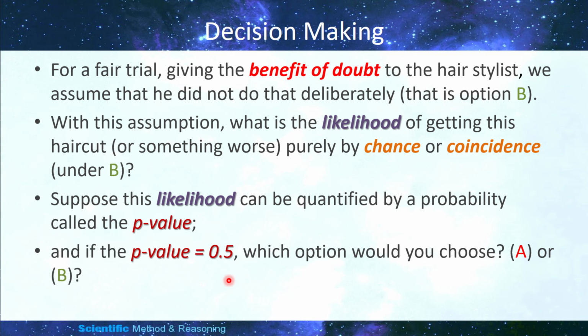And if the p-value is 0.5, which option would you choose, A or B? Under the assumption that B is correct, that he did not do that deliberately, intentionally, the probability of getting such a haircut is very normal with a p-value of 0.5. That means there is half a chance, a probability of 1/2, that this will occur.